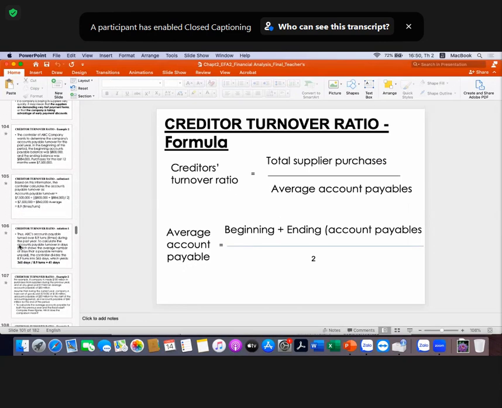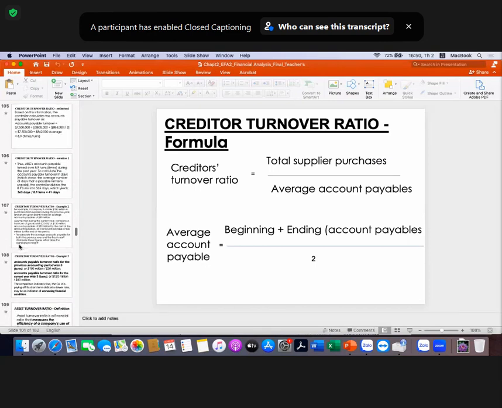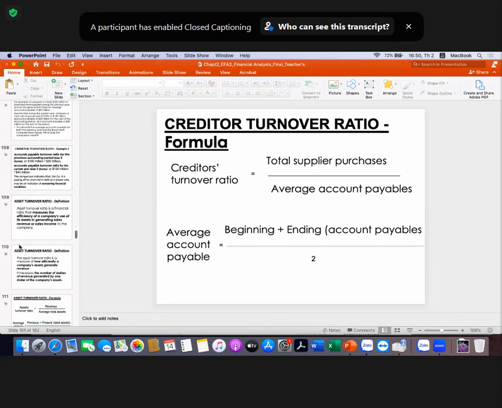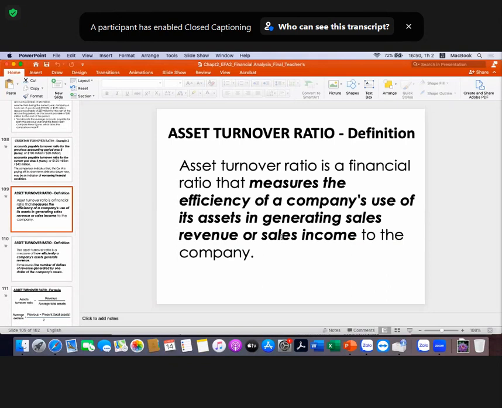And the last ratio of efficiency is the asset turnover ratio.